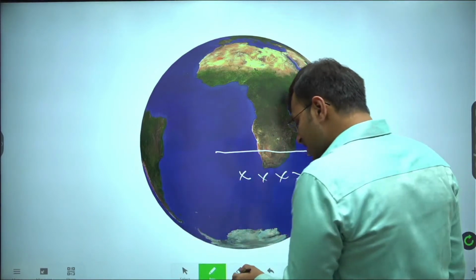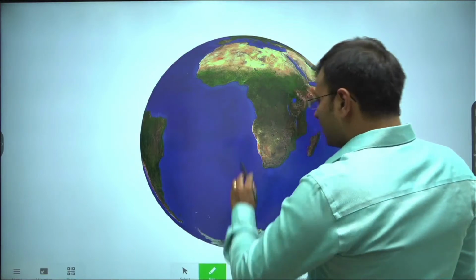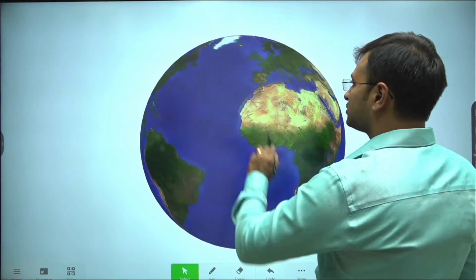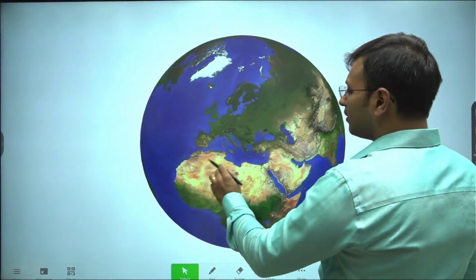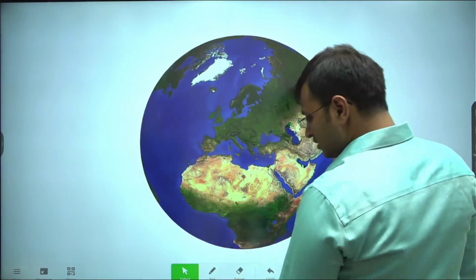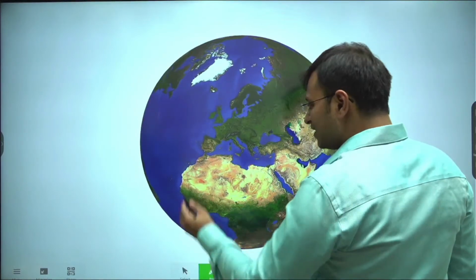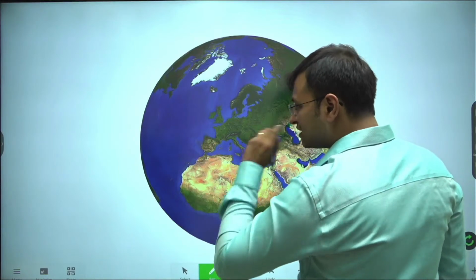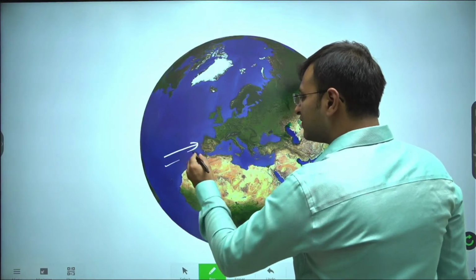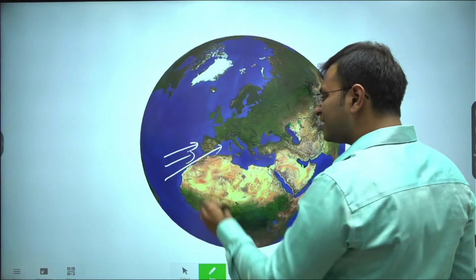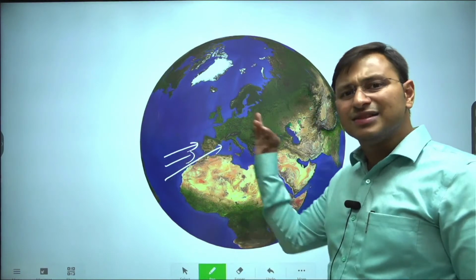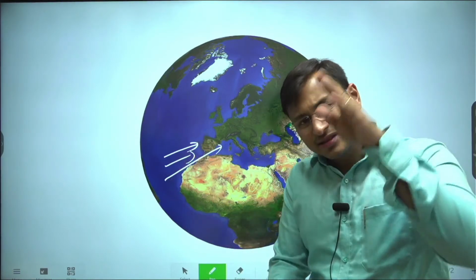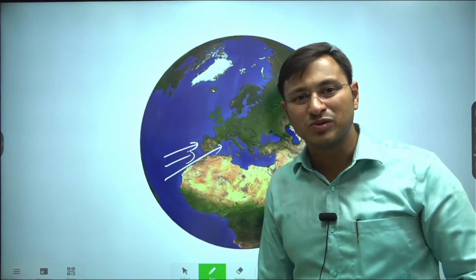So now let us pan our focus on Europe. If I'm now considering Europe, again, the zone of westerly winds is striking over this part. This is the region where the westerly winds normally strike, but considering the northern hemisphere and the apparent migration of the sun with respect to the earth, mind you, that migration is apparent.